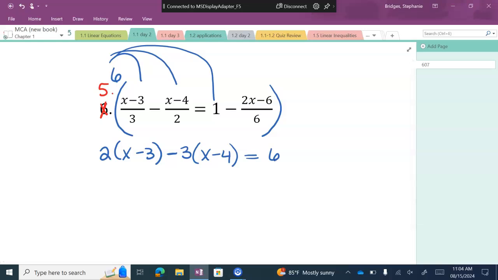CJ? I left it just in front of the 3, so that when I distribute it, it'll be distributed as a -3. This is just like individualizing one little part of it. Bring down the subtraction sign, yep. And then we're going to take 6 and multiply it by this fraction. 6 divided by 6 is what? 1, but what kind of 1 are we going to have to distribute?